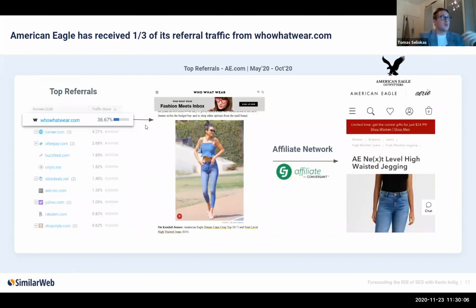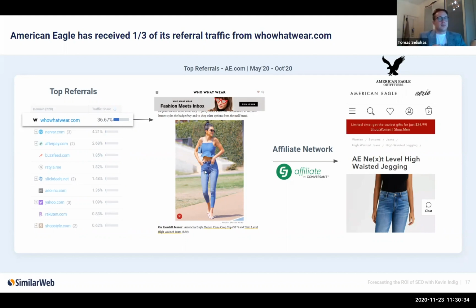So I looked at top referral sites for American Eagle in the last 6 months. And we see Who What Wear, where actually every third click came from one website, which reviews who wears different fashion clothes, from celebrities, and then adds actual links to the websites.